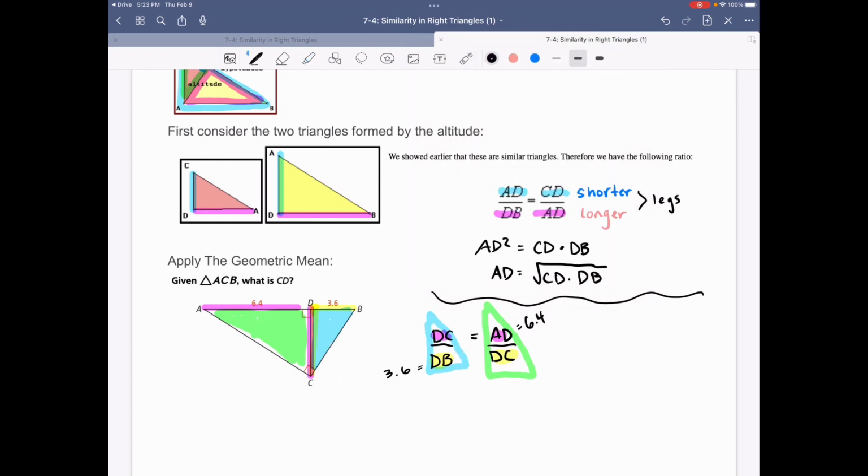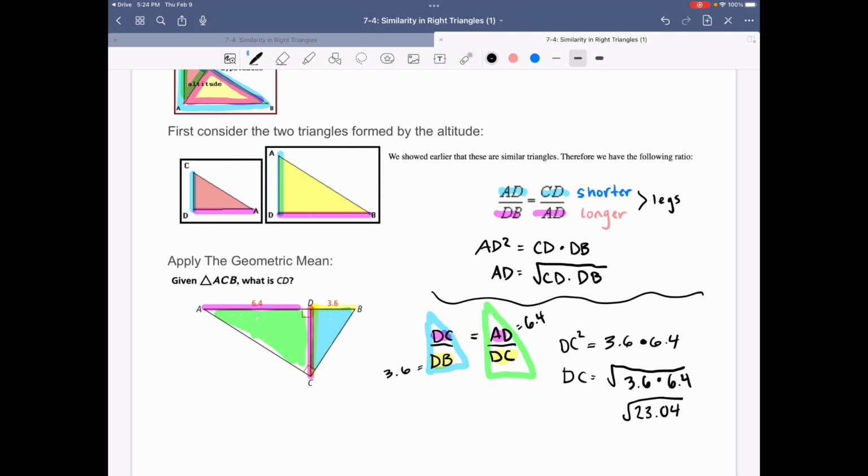Now we just need to do the geometric mean, which says we're going to cross multiply, so 3.6 dot 6.4 is equal to DC squared. Those are the cross multiples. Then DC would equal the square root of 3.6 dot 6.4. 3.6 times 6.4 is 23.04.